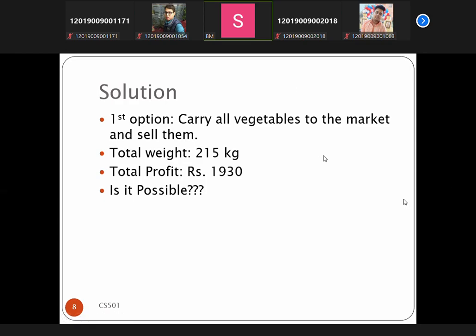Again, for no reason, Raima Ghosh. Can you unmute yourself, Raima? CSTA roll number 39. Raima, can you unmute yourself? Yes, ma'am.